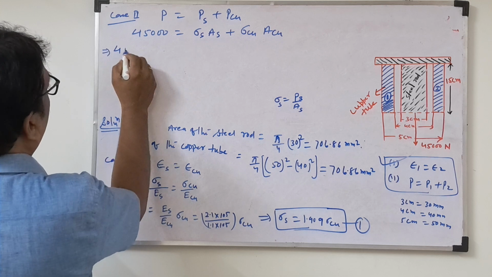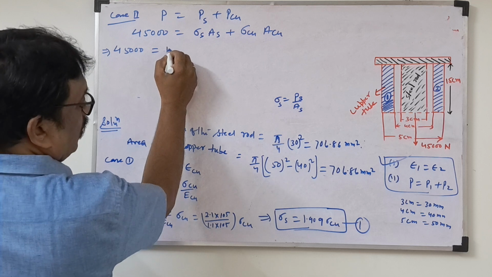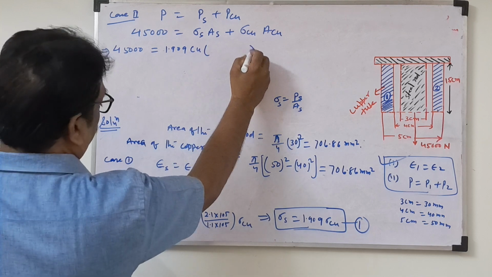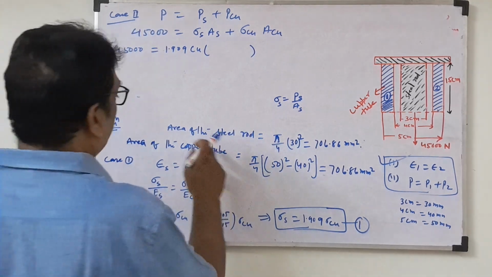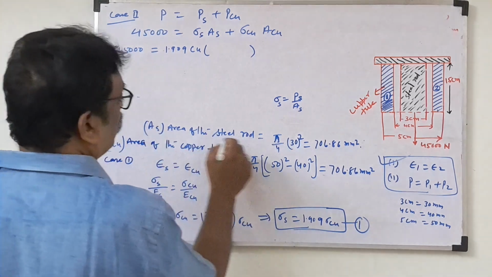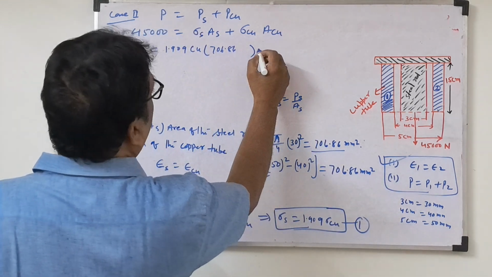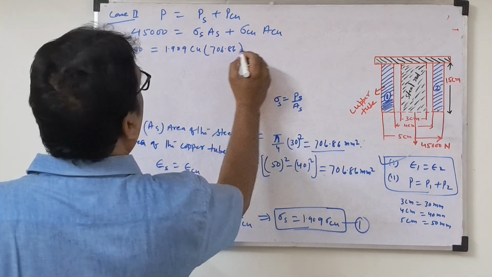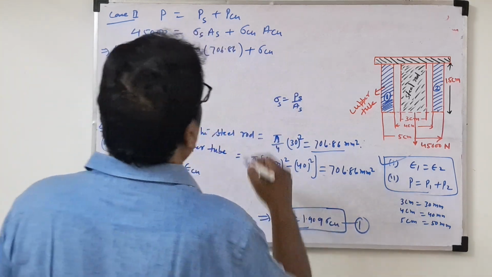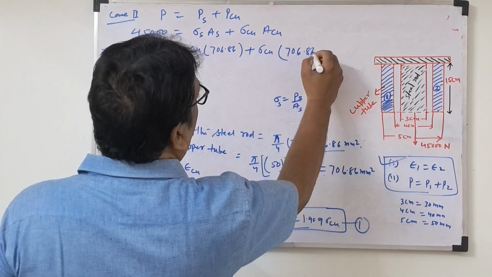This will carry here 45,000 equal to, sigma S is 1.909 sigma Cu into AS. AS we calculated, the steel area, is 706.86, plus sigma copper, that means the stress of the copper, times A copper, which is also 706.86.